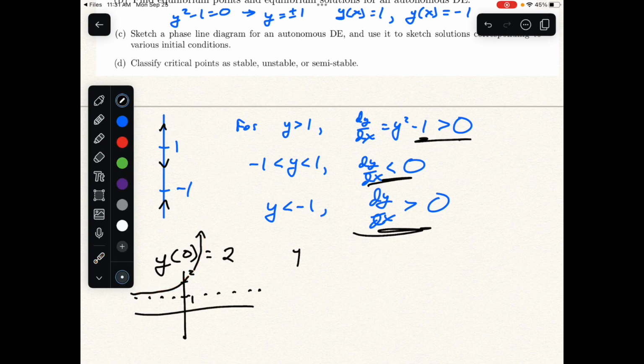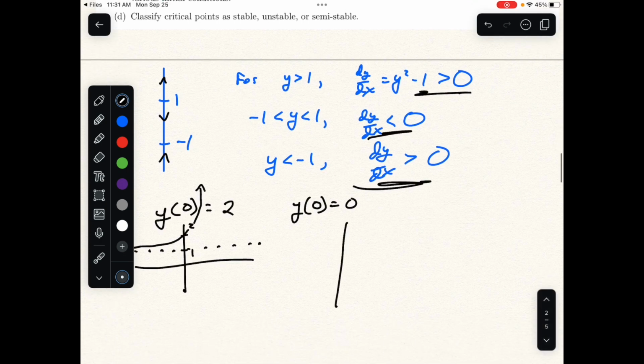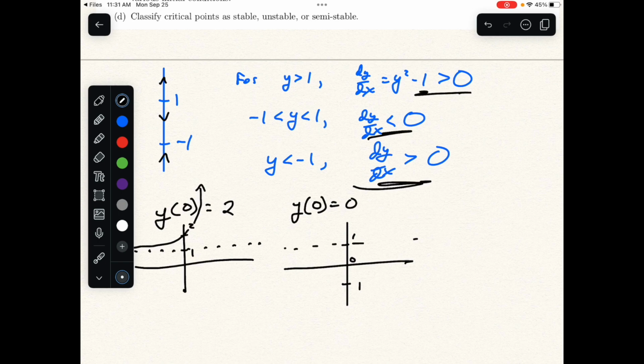If you had something like y of 0 equals 0, then you might have something like this. Here's 1 and negative 1, and again 1 and negative 1 act as horizontal asymptotes here. So we have to pass through (0, 0), and then we look at, all right, is the derivative positive or negative?